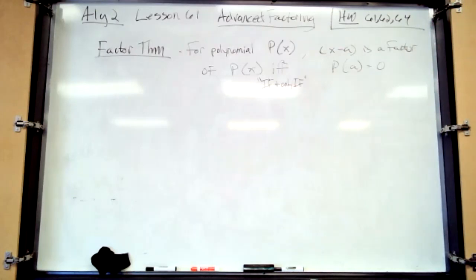So like when we factored this, we had x squared plus 7x plus 12. When you factor it and set it to 0, this is x plus 4, x plus 3 equals 0. So x equals -4 and -3.